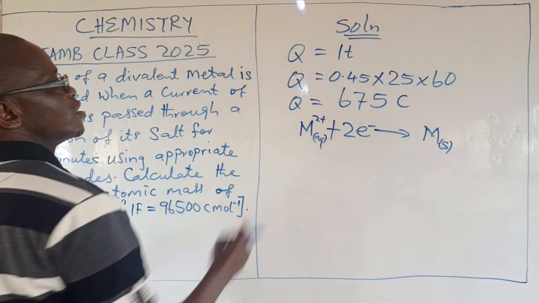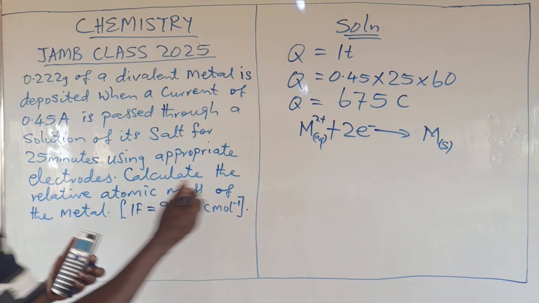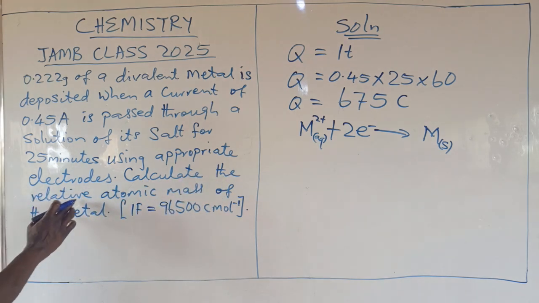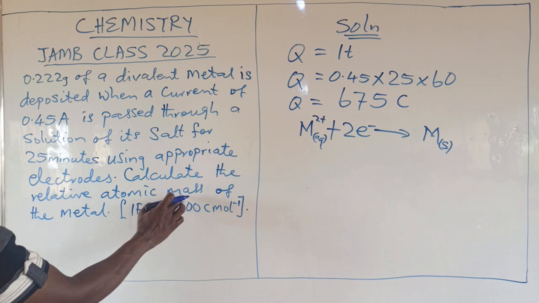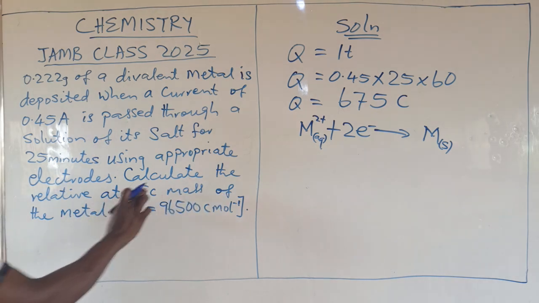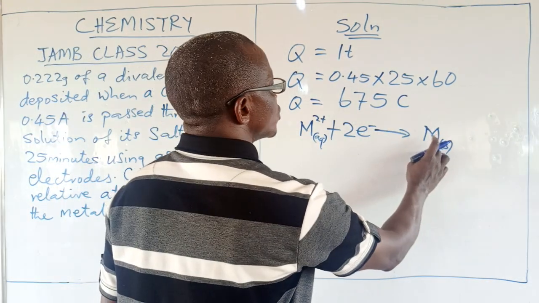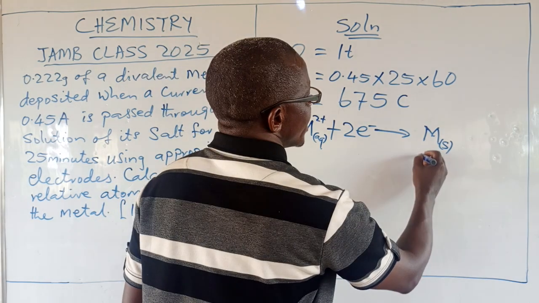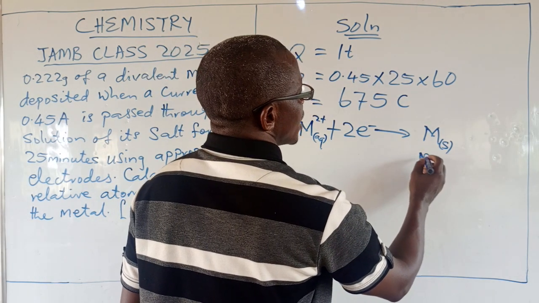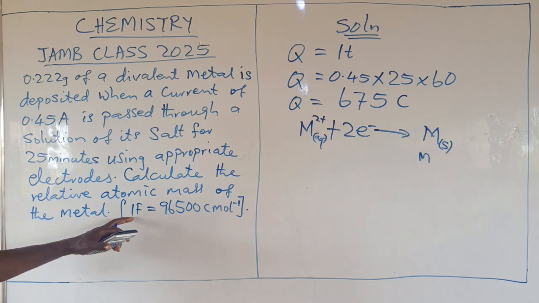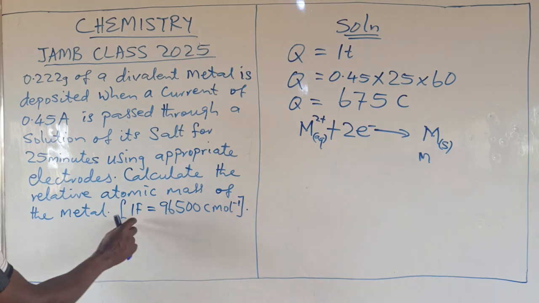Having known this, they have told us to calculate the relative atomic mass of the metal, which is what we are trying to find, so we do not know the mass. The mass remains m; let me put m as my mass there. But remember they told you 1 Faraday of electricity is equal to 1 mole of electron.